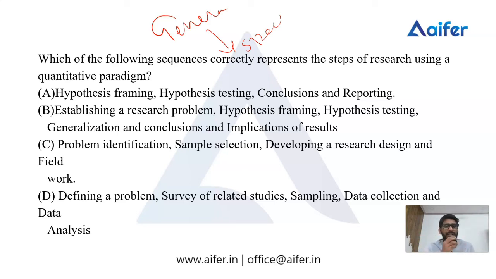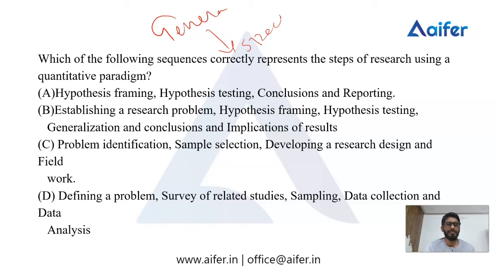Then the second one has hypothesis framing. After establishing the problem, a researcher would frame a hypothesis. After making the hypothesis, a researcher will test the hypothesis. Hypothesis testing is the very core of quantitative research.